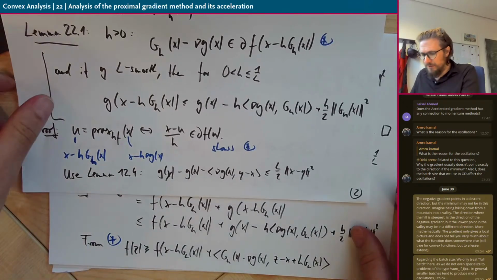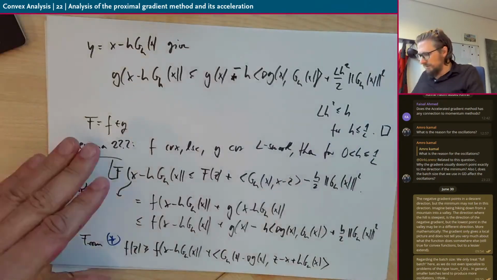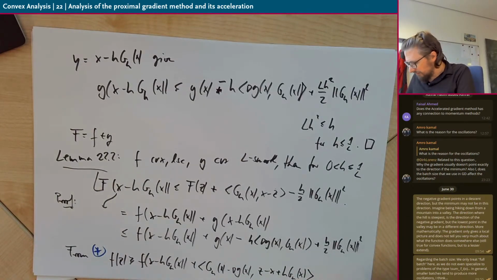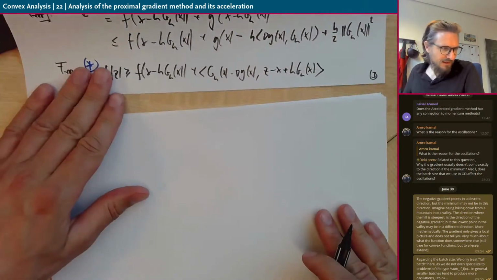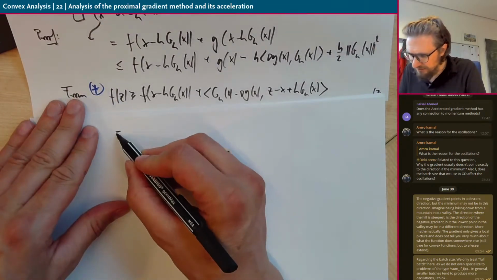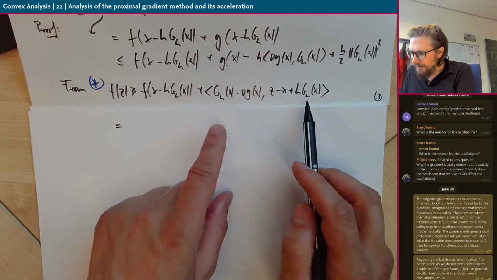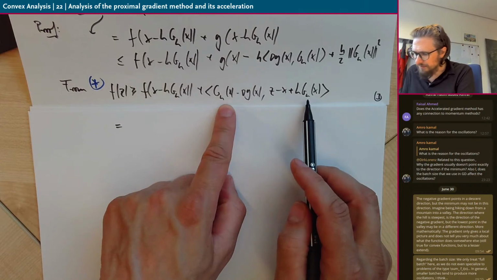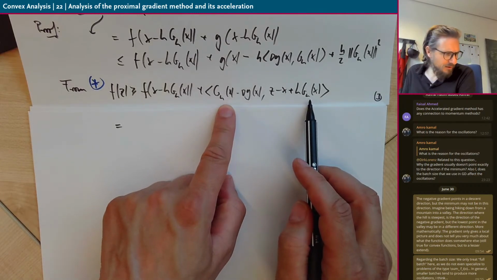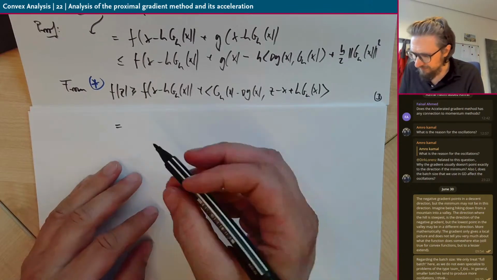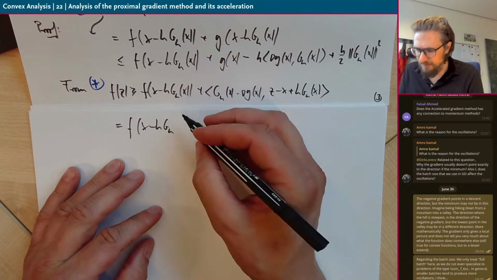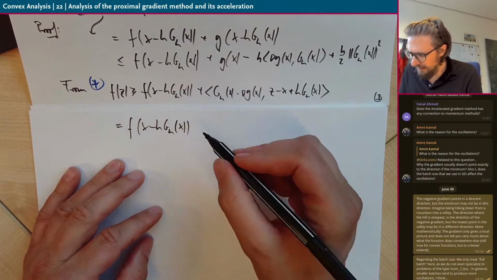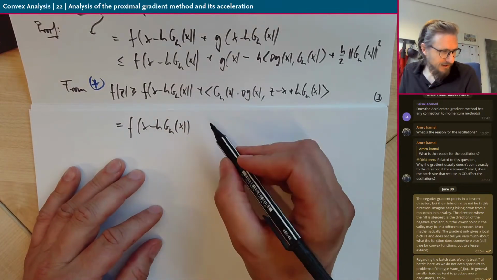So that's the subgradient inequality from the blue star inequality, and we can clean that up a little or rearrange a little by collecting. Here we get gradient squared, and I think that's more or less it. So we keep this guy here as it is, and get the gradient squared.